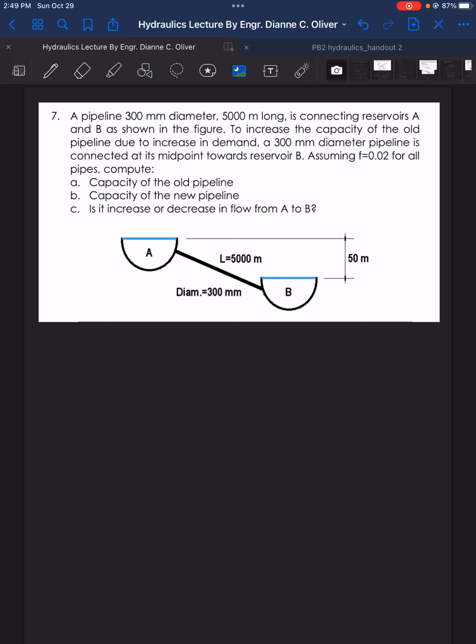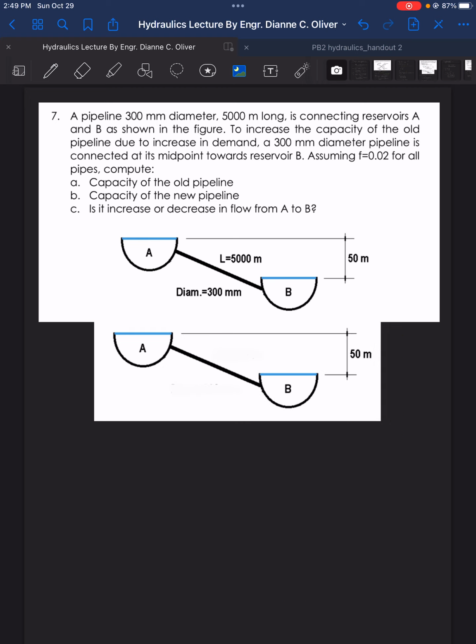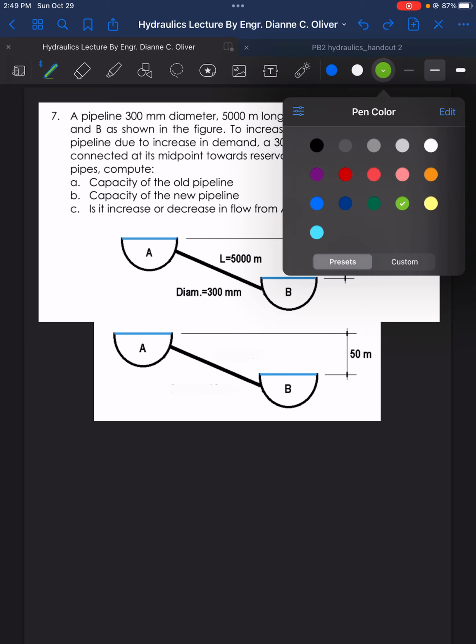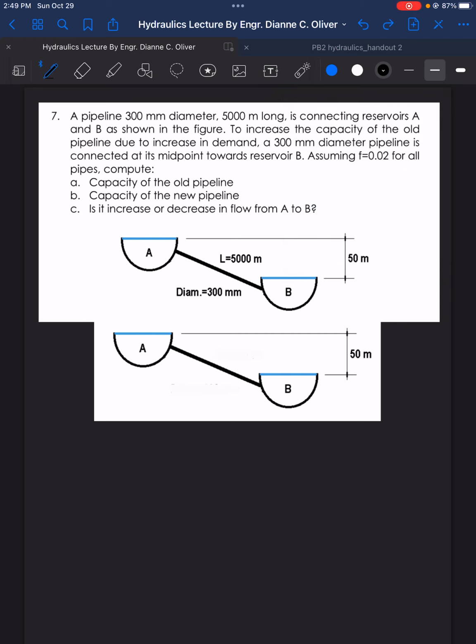So let's find out. This is the old pipeline, and it will have a new pipeline.